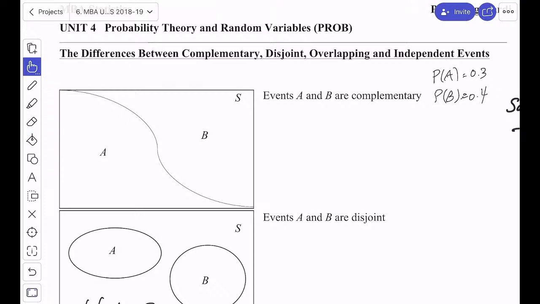The chance of B happening is 0.4. Is that possible in this space here? Is this a possible description of the space here?